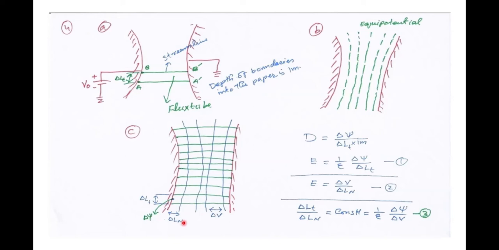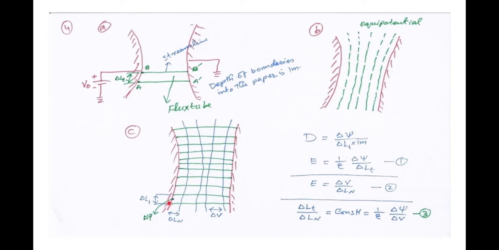The potential difference between two equipotential surfaces is denoted by delta V. The combined graph of flux tubes and equipotential surfaces produces curvilinear squares between the conducting boundaries. That is why this is known as the curvilinear square map method, or field sketches between the conducting boundaries.